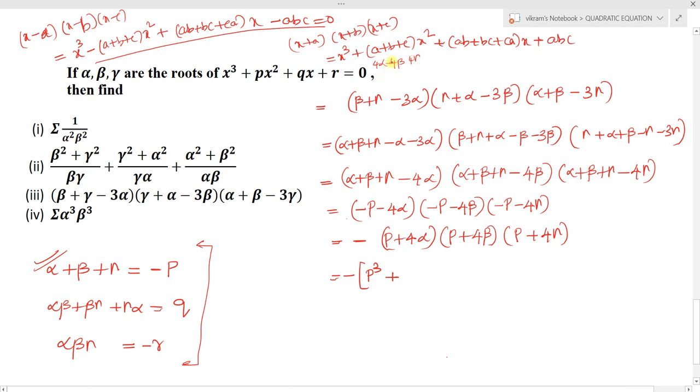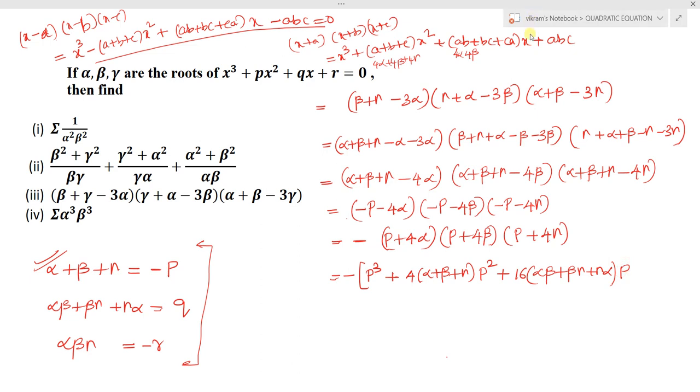Adding these, that means 4 times (alpha plus beta plus gamma) into p square, plus, with a equal to 4 alpha and b equal to 4 beta, 4 into 4 is 16. Taking 16 common, we write (alpha beta plus beta gamma plus gamma alpha) into p, where x is nothing but p.